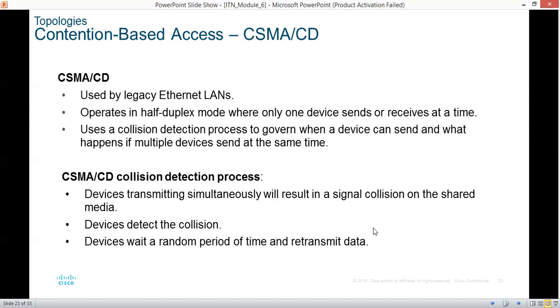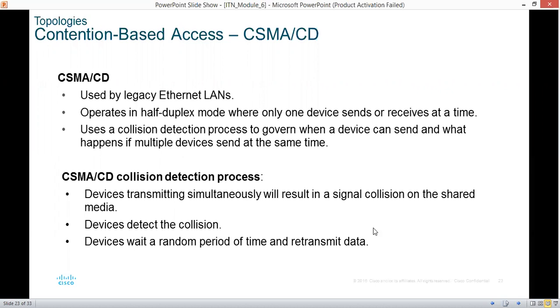So the CSMA-CD used by legacy Ethernet LANs operating in half duplex mode uses a collision detection process to govern when a device can send and what happens if multiple devices send at the same time. In the CSMA-CD process, devices transmitting simultaneously will result in a signal collision on the shared media.